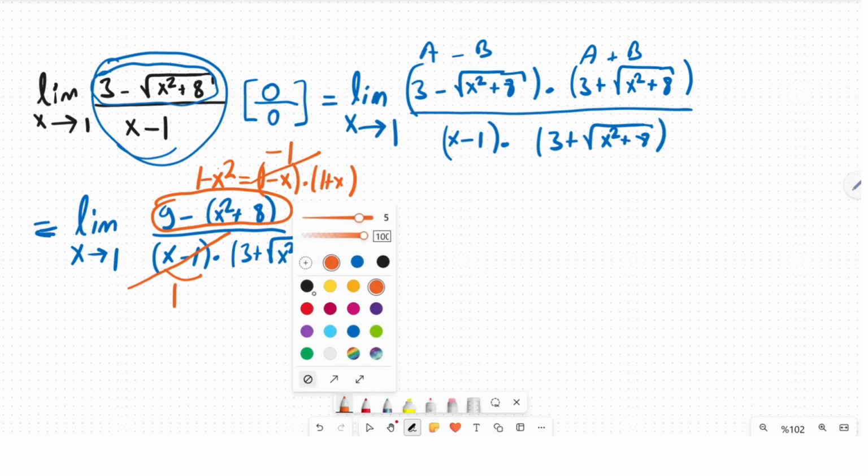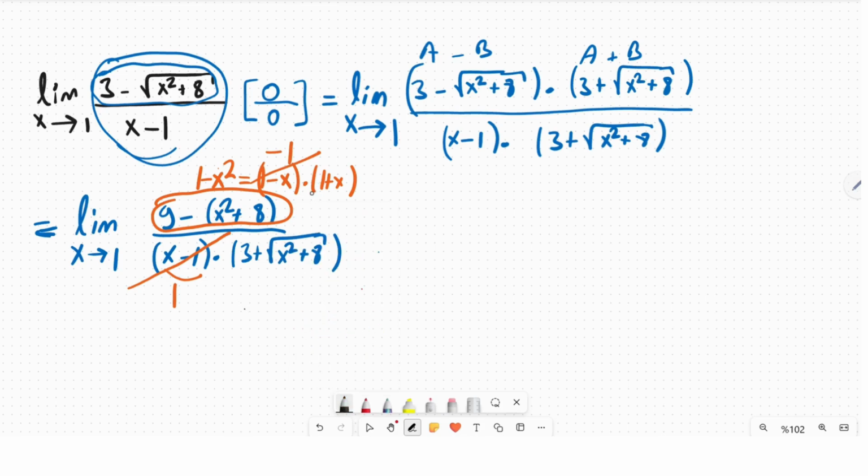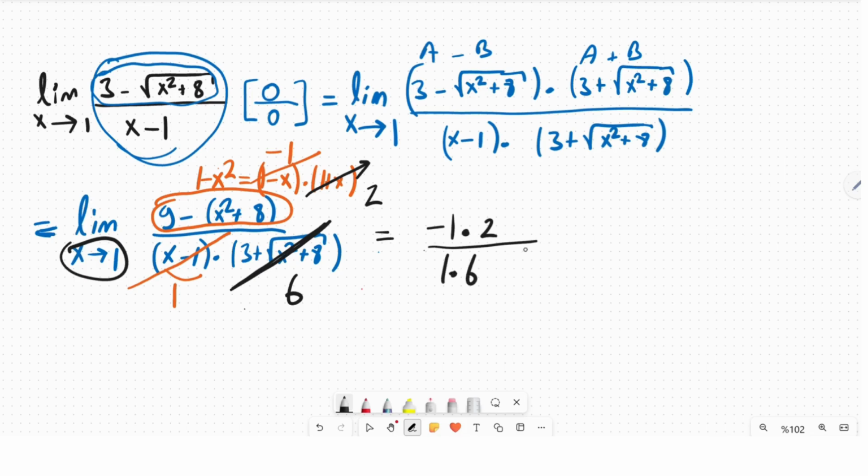And focus on this term. This term is going to 2 as x goes to 1. This term is going to 6. And finally, the answer is minus 1 times 2 over 1 times 6. When we simplify this term, minus 1 over 3.